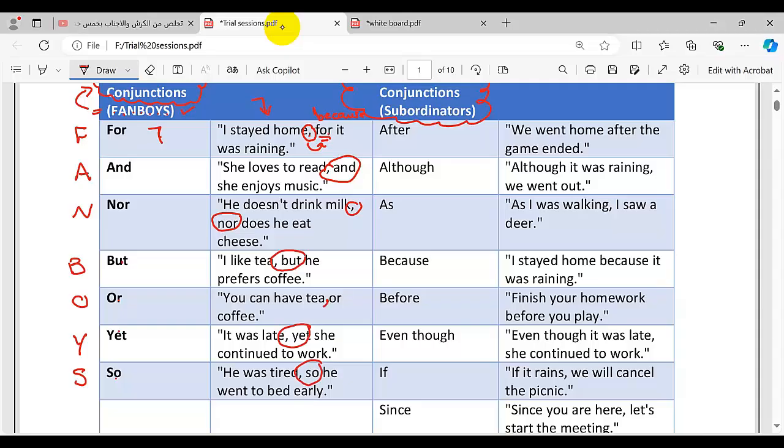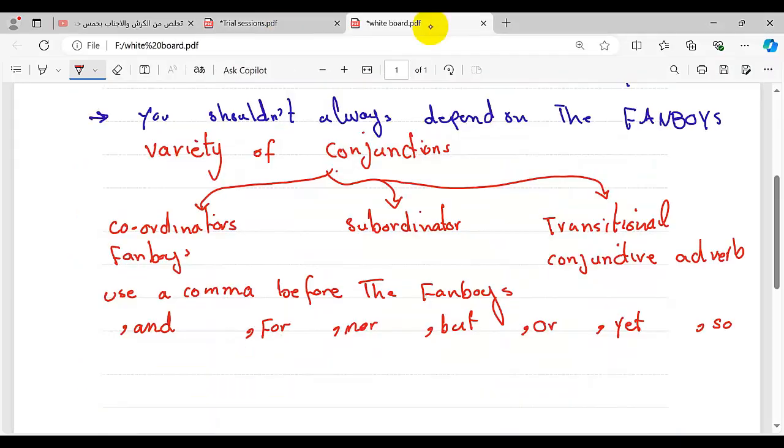Here write a comma, or you can have coffee. So use a comma before or here. But one rule should be followed if you use those 7 conjunctions with a comma.